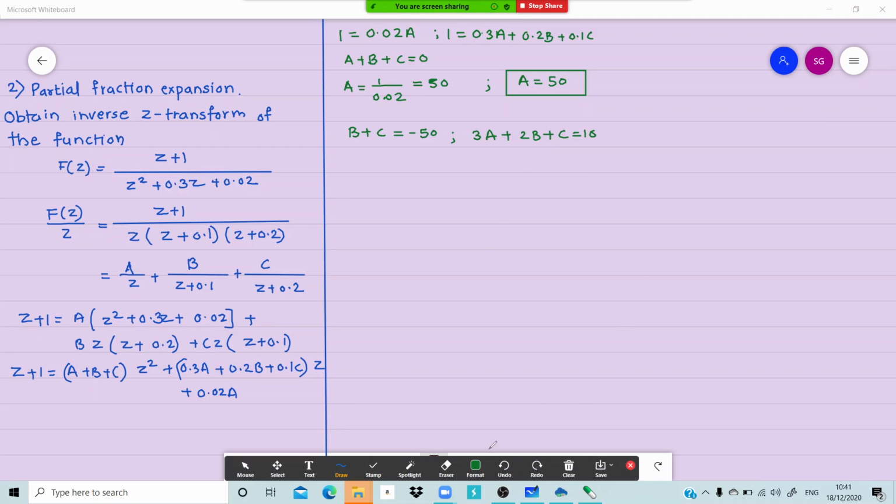See, yes, I'll write 10. Okay, a's value is 50, so 150 goes on that side. So 2b plus c is equal to minus 140. Am I right? Yes, 2b. And I made a mistake over here, I think. No, it's correct.